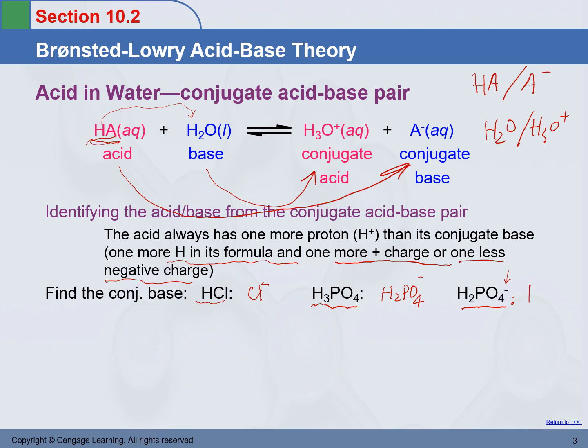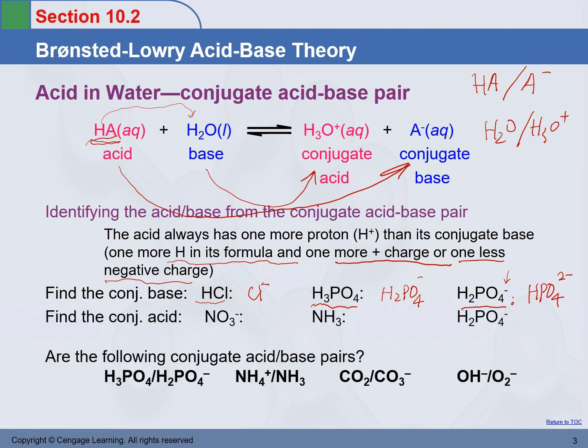So it's going to be HPO4 2 negative. That will be the conjugate base of H2PO4 negative. Make sense to you? The conjugate base of the acid always has one less proton and one less positive charge, or one more negative charge. There are different ways to say it.